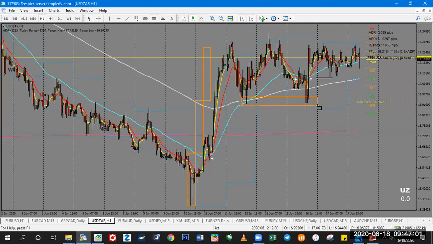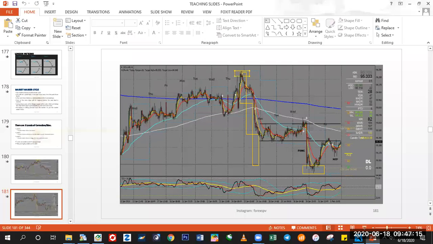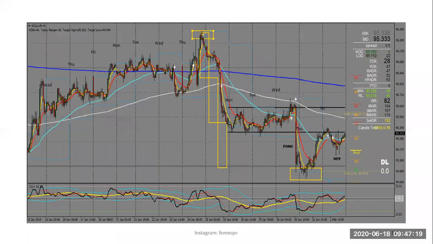So from this point, you need to draw other 3 times ADR boxes going up. So we look at a completion of 3 times ADR and the 3 levels cycle as a complete market maker cycle.